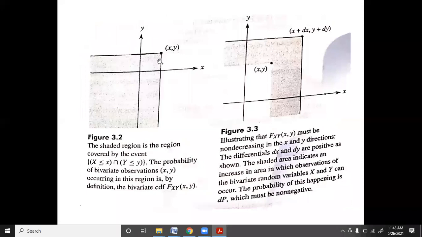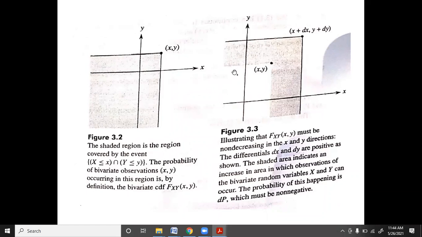Say we have the probability for something which is less than x, y. So this will be the area corresponding to that. Now if this point we move a little further, that is x plus del x and y plus del y, then the area which is there here will give us the difference.